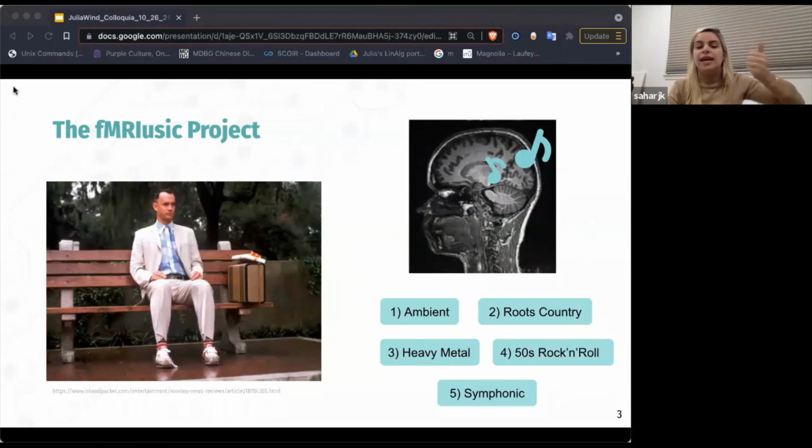It says that if the genre of the music is ambient, press 1, finger number 1; 2 is country, 3 is heavy metal, 4 is rock and roll, 5 is symphony. So you have 20 seconds to select the genre of the music.